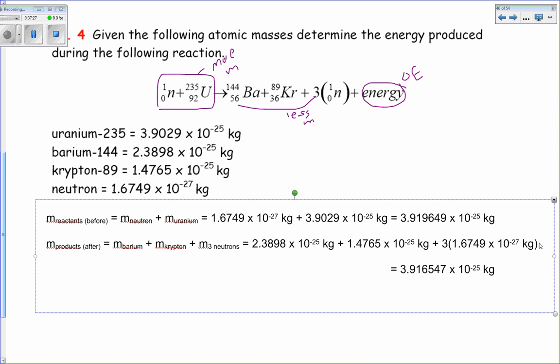Okay, so the change in mass, I wish I could get a delta in there. The mass change is equal to the mass of the reactants minus the mass of the products.